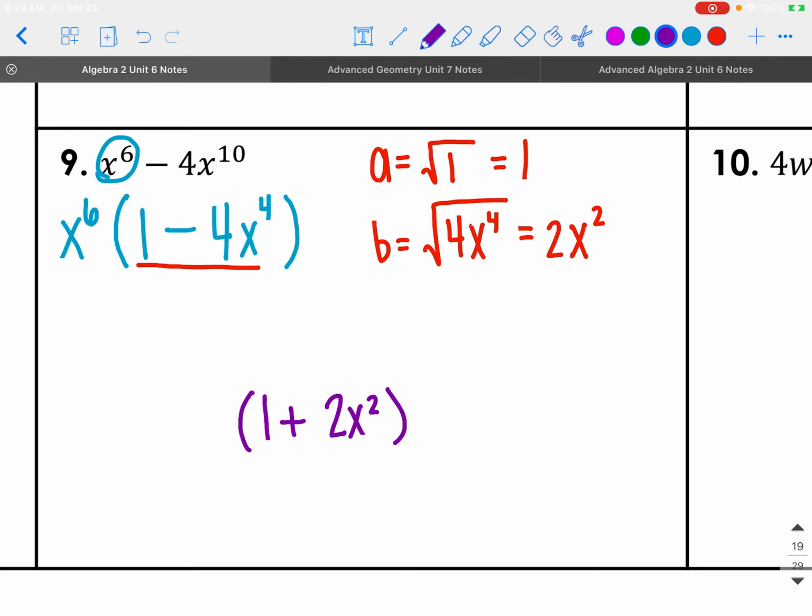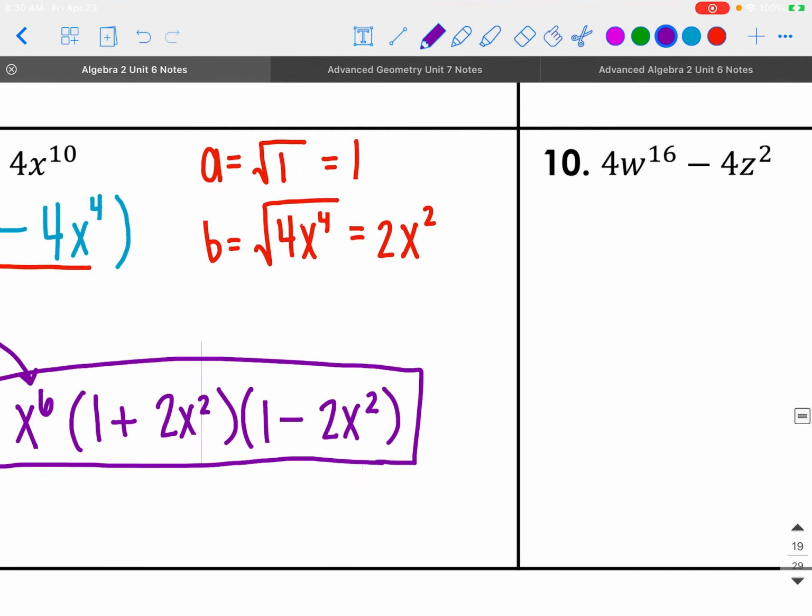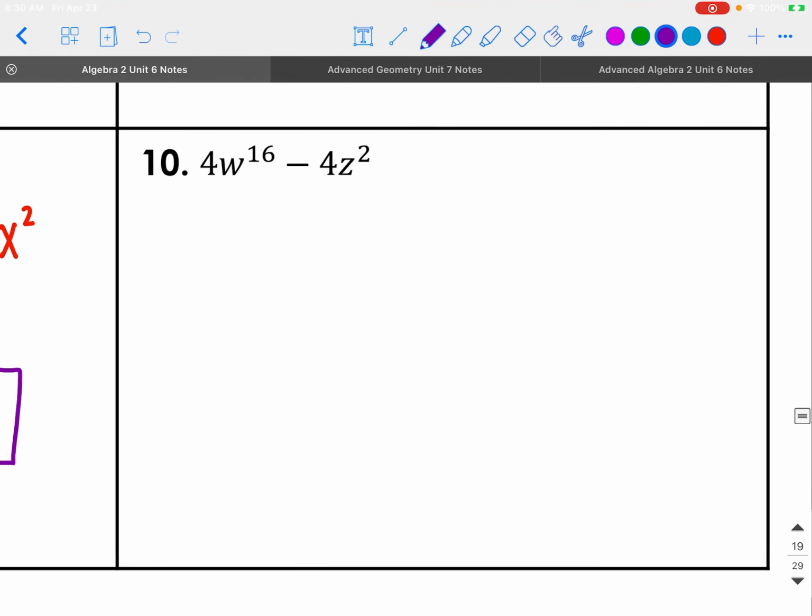So when I factor, I have 1 plus 2x squared, 1 minus 2x squared. But you can't forget your GCF. He has to go down there too. Oops. So my final answer is x to the 6th times 1 plus 2x squared times 1 minus 2x squared.